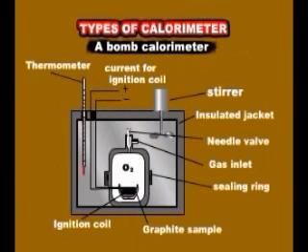It could be complex as in the case of bomb calorimeter, where specific or precise measurements are needed for research to measure temperature changes under controlled circumstances and relate these temperature changes to heat.